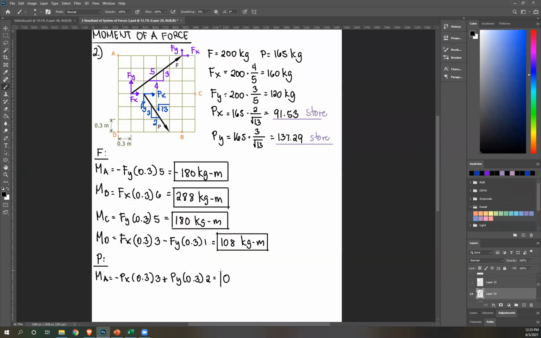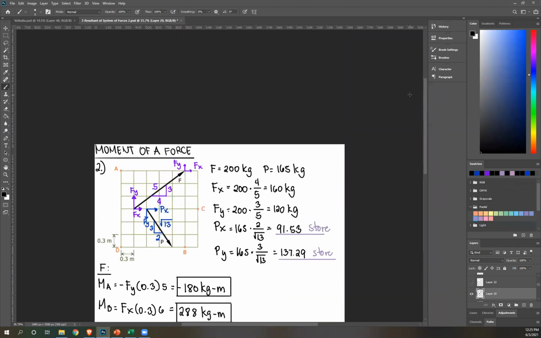Now, why is it 0? Because if you try to extend the line of action of force P itself, you'll see that this actually passes through point A. Correct, Zaira, point A is on the line of action of force P. Very good. That's why the moment about A is 0, because any force that passes through your moment center creates 0 moment.